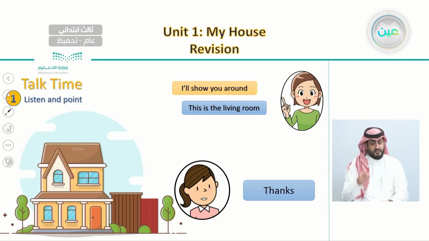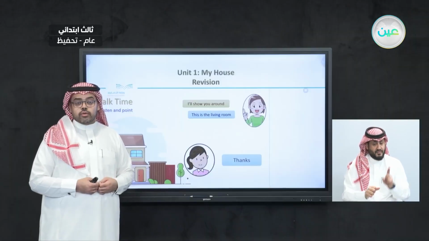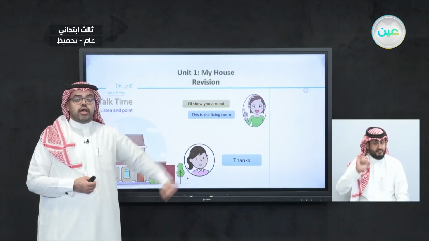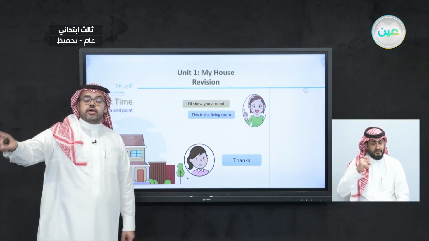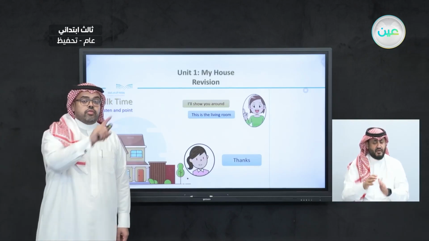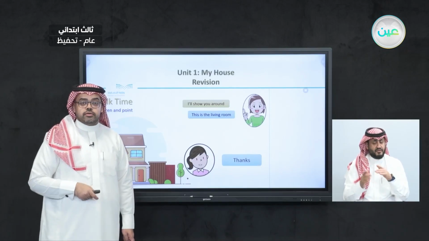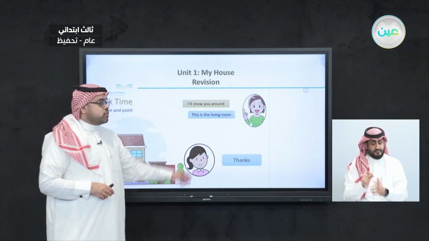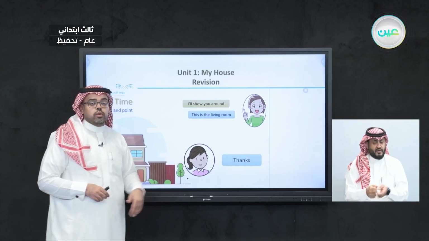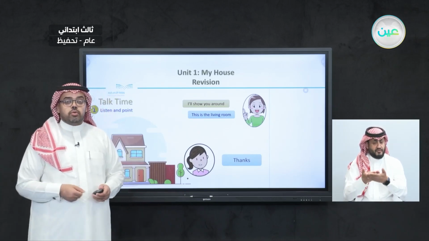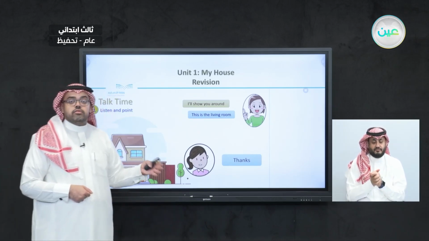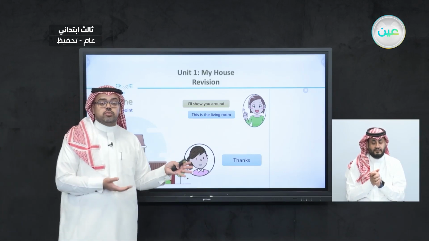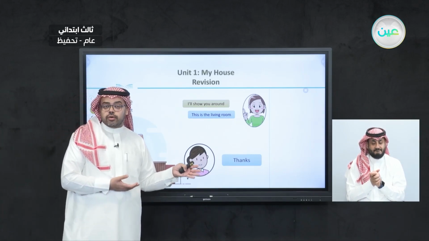For example, "I will show you around. This is a living room. This is the bedroom. This is a kitchen." So usually we use "this is" when we want to introduce people to new places or to the things that we have in our home.